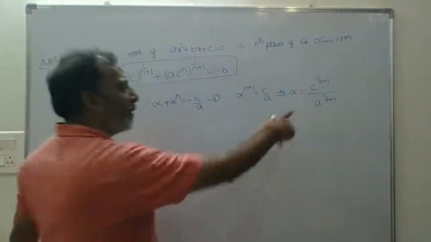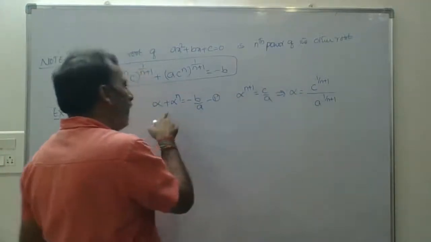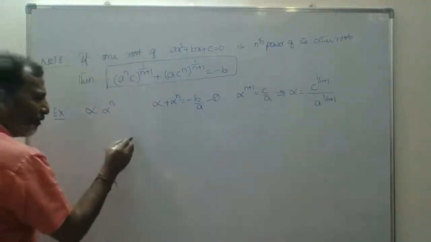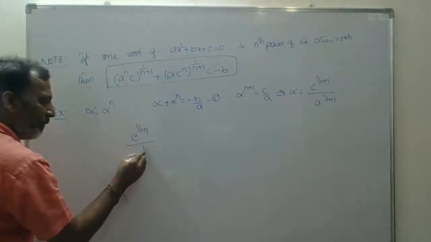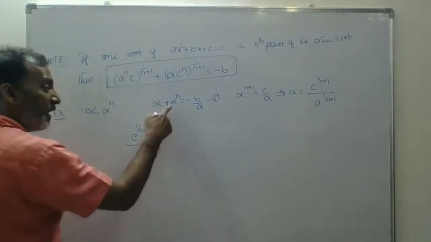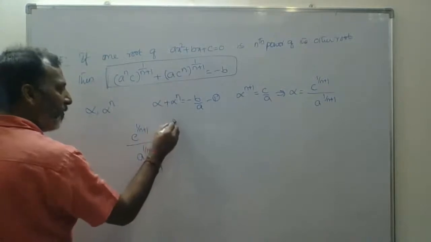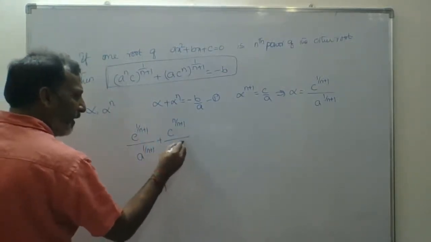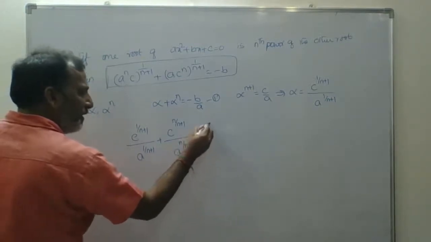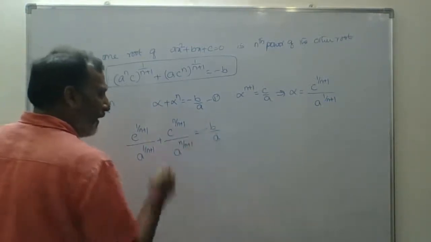So now substitute the value of alpha in equation 1. Alpha ఏమవుతుంది? C power 1 by n plus 1 by a power 1 by n plus 1 plus alpha power n, C power n by n plus 1 by a power n by n plus 1 is equal to minus b by a.